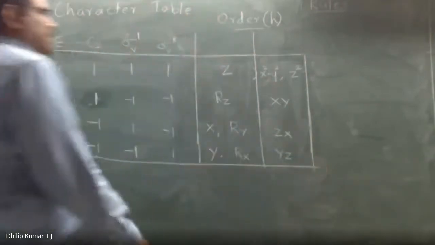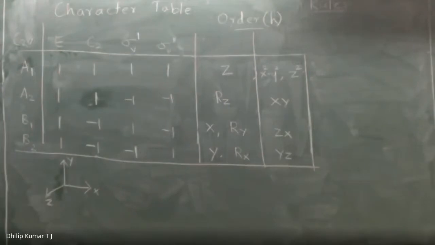So these are the binary elements for the C2V point group. We are not writing x squared plus y squared, but this is sufficient because in our chemistry problems we are going to see only the d orbitals, which have 5 orbitals, right? So we'll take this one. This is for the water molecule, and the same rules are valid in this case also.